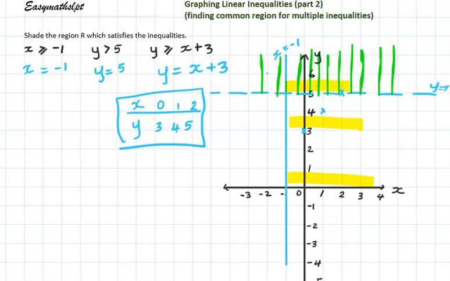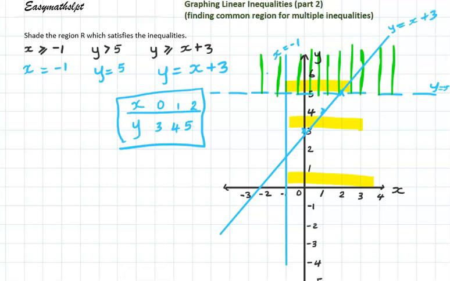And then we need a solid line because it says it can also be equal to it. So a solid line going through these points. That's good enough. And then we label our line. So this line is y is equal to x plus 3.